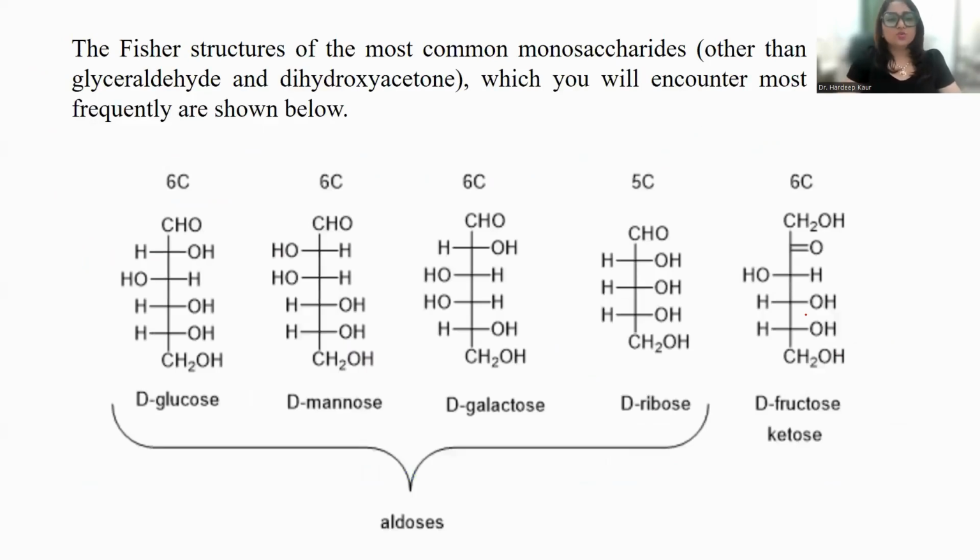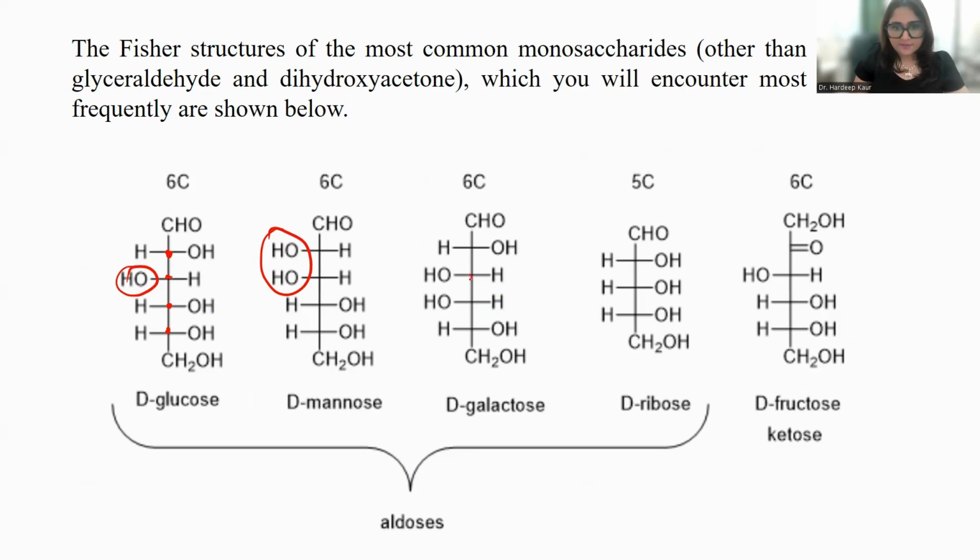You can check here D-glucose. Here is the first carbon, second, third, and fourth. On the second carbon, OH is here. But in mannose, on the second carbon, OH is on the left side.